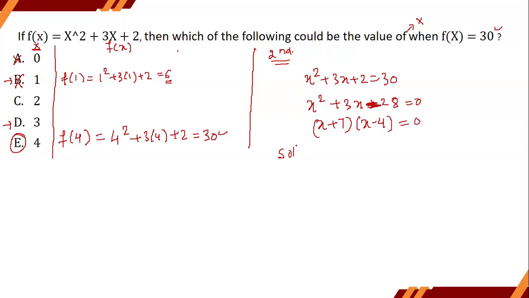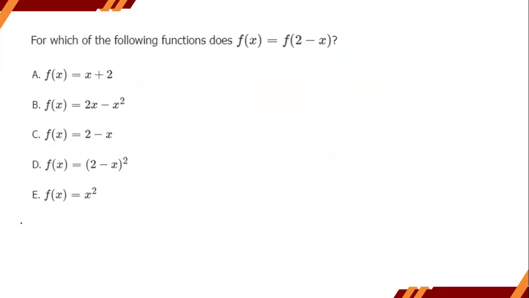So the solution for this equation is x equals minus 7 and x is equal to 4, all right? So the answer to our question is 4, because minus 7 is not there in the options, right? So this is the other approach in which you can solve this question. Pretty easy question. All right, now let's move on to the next question.